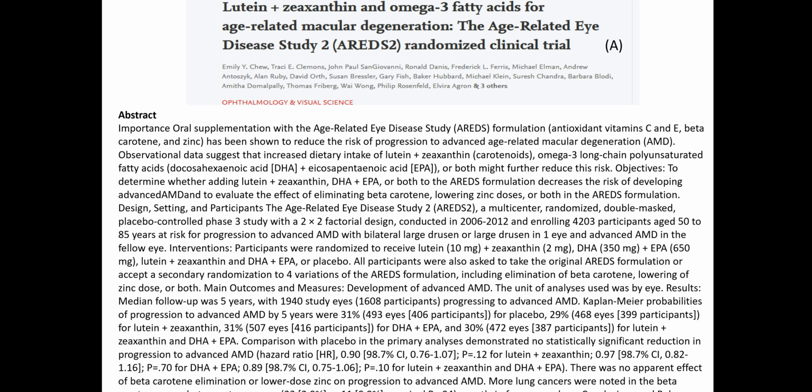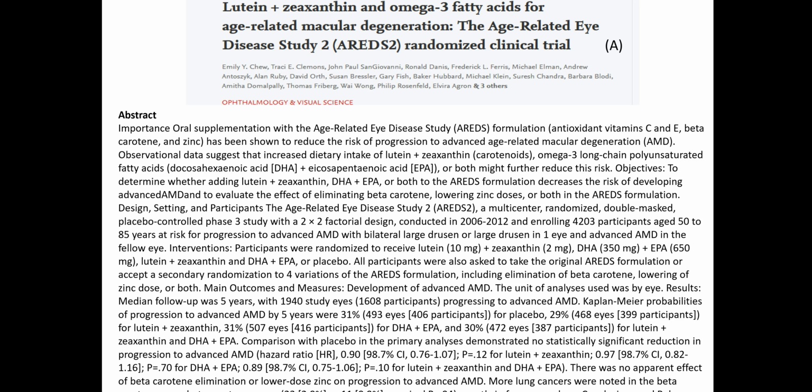Now, an important thing to consider in this one, when you look at the methodology, who are the patients here? Basically, they were all patients that had AMD. And all of these studies in this one and the meta-analysis before, they were all patients who had AMD, and what they tested was their progression to advanced AMD.